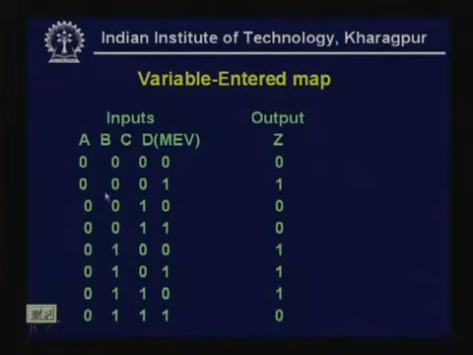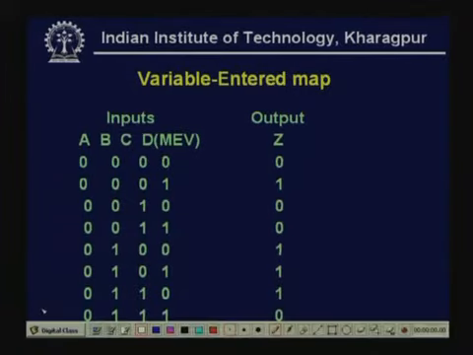That is the truth table, the tabular representation. Now see, for this particular function, I have kept ABC in the K-map, and that means I have taken my D as the map entered variable. This D is the map entered variable.